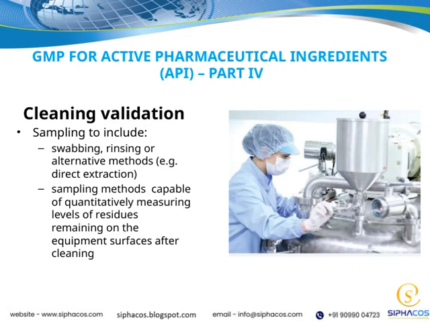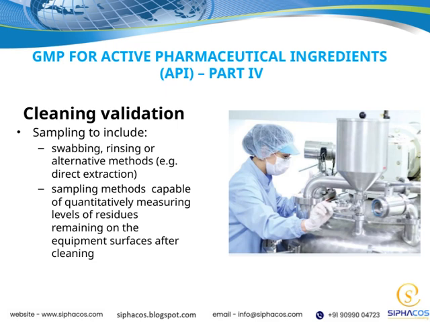Now, let's talk about cleaning validation, which is a crucial part of ensuring product quality and safety. When we perform sampling, we can use different methods such as swabbing, rinsing, or even alternative approaches like direct extraction. The key here is that these methods need to be capable of quantitatively measuring the levels of residues that remain on equipment surfaces after cleaning.